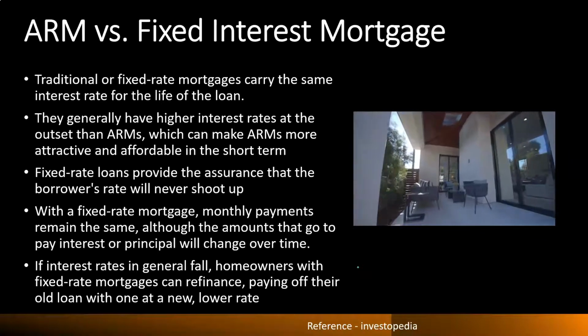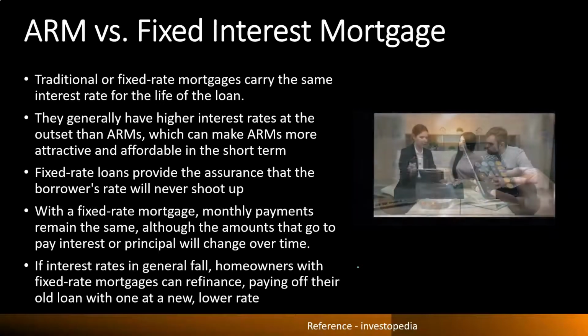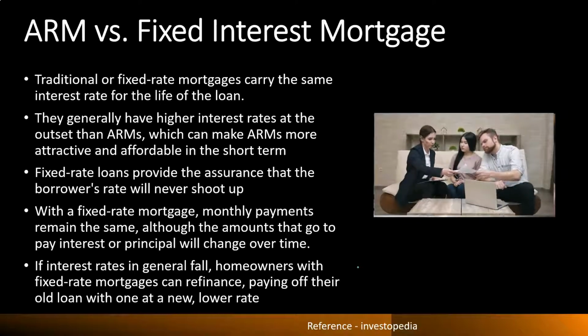So if interest rates change, in general fall, homeowners with fixed rate mortgages can refinance, paying off their old loan with one at a new lower rate. So it's another benefit of the fixed loan.